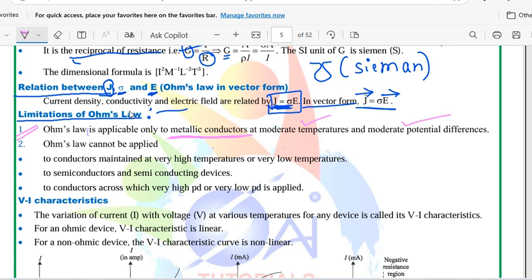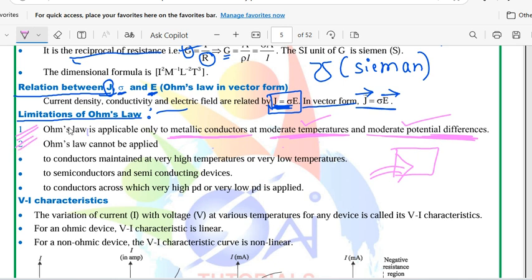It is not applicable to any other materials. It is only applicable to metallic conductors, and that too at moderate temperature and moderate potential difference. So this is one kind of limitation.